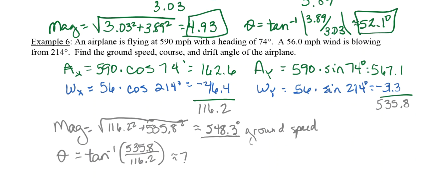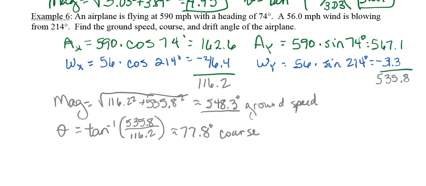So we're going on a course of 77.8 degrees. So that's the course they're asking for. Now it says, what's the drift angle? Well, it originally was going at a 74 degree heading, and now it's going on a 77.8. So the drift angle is simply the difference between them. So 77.8 minus 74 gives us a drift angle of 3.8 degrees.